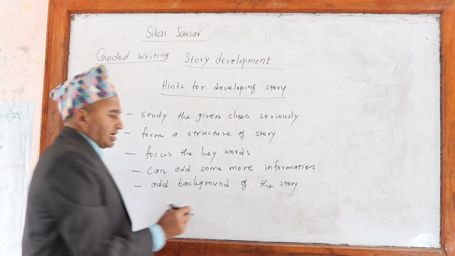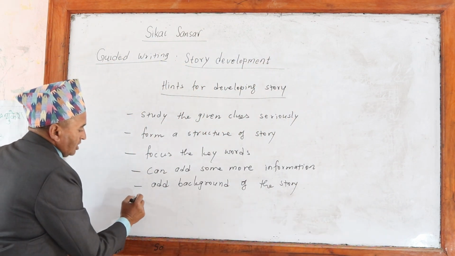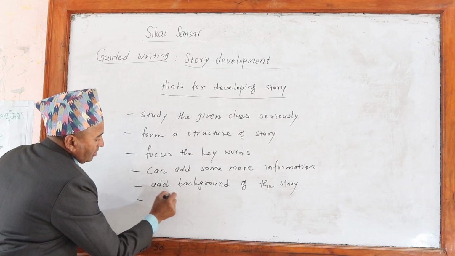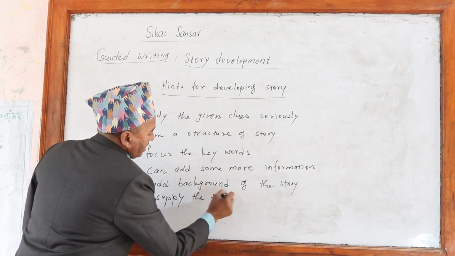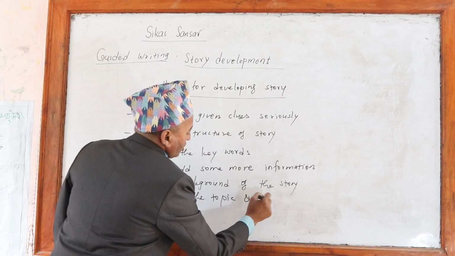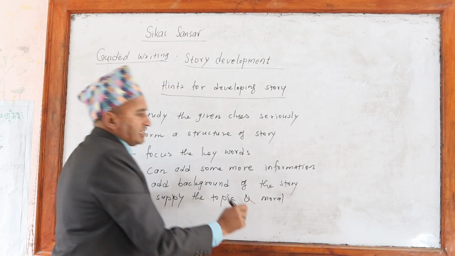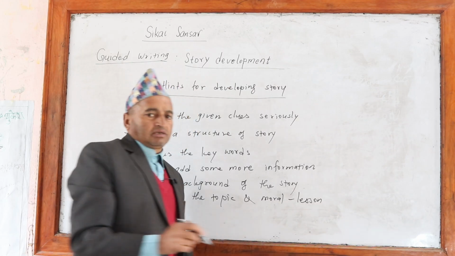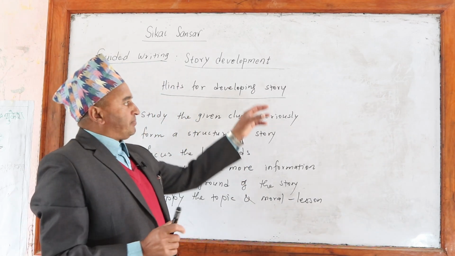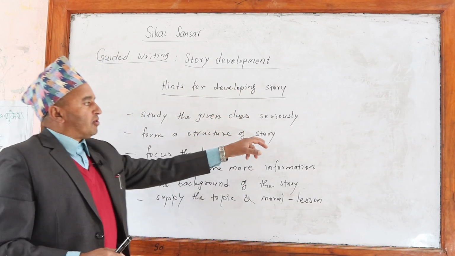So the last point we have to be careful about is that we have to supply the topic and moral. Moral means moral lesson. These points altogether I have written on the board as well.